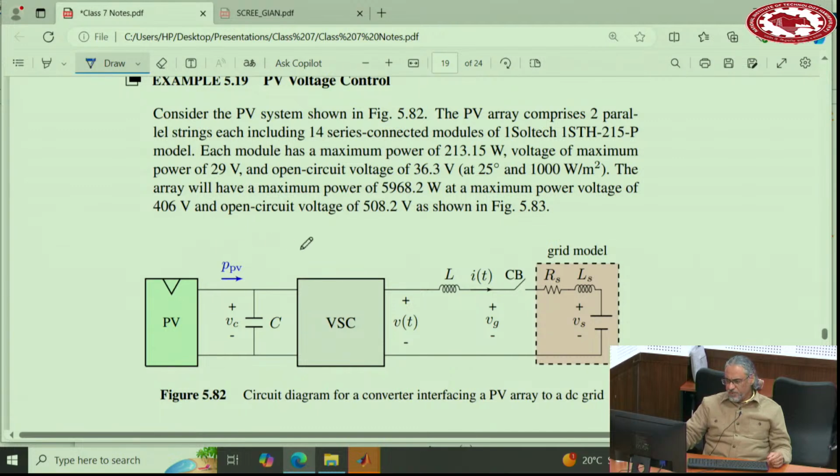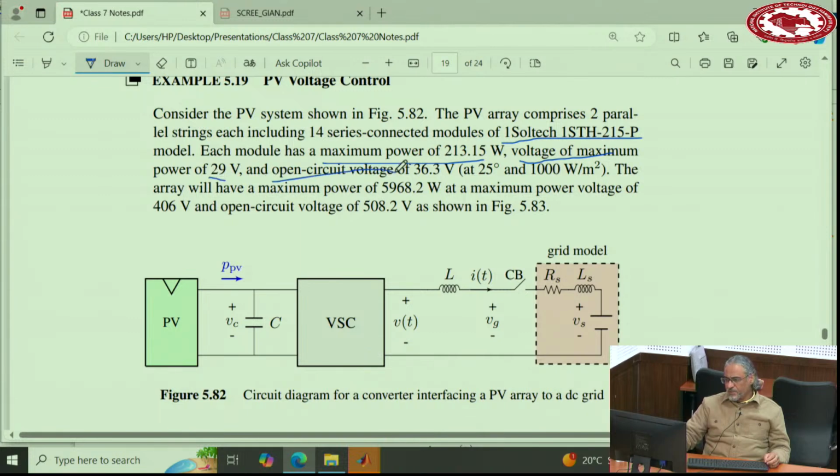Now consider this PV system and a converter here. The PV array comprises two parallel strings, each including 14 series connected modules of this version. I told you in Simulink, you can choose even the brand of your solar panel. Each module has a maximum power of 213 watts and maximum voltage of 29 volts.